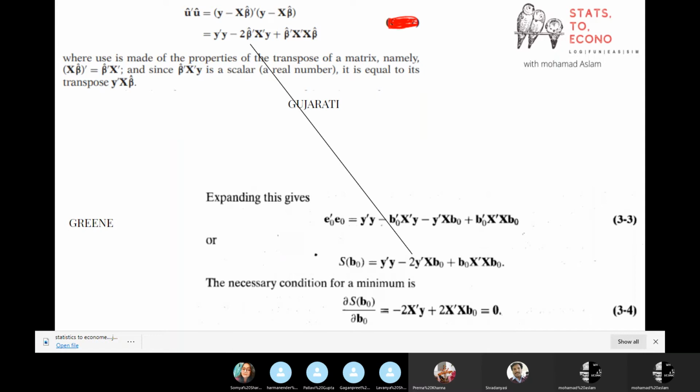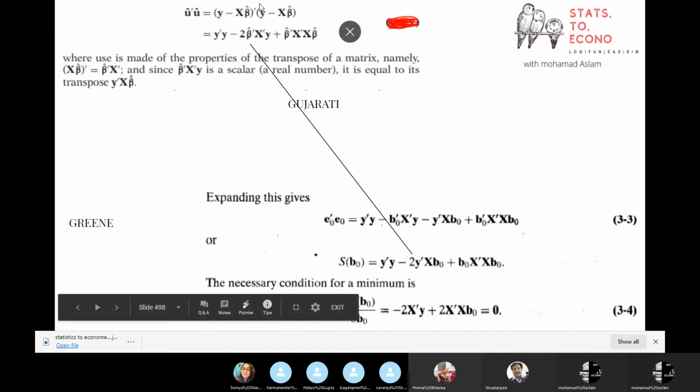Now we have to minimize it. Before that, just multiply this. If you multiply this, you will get this particular equation. If you have any doubt, please ask me. This is from Gujarati and this one is from the Greene textbook.